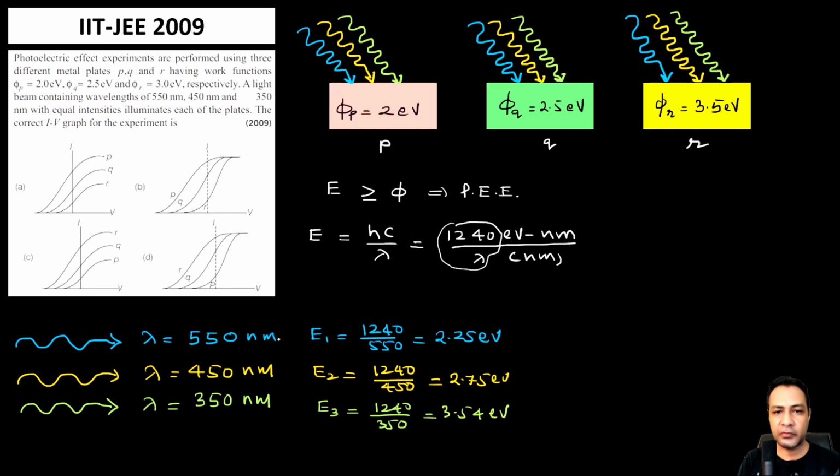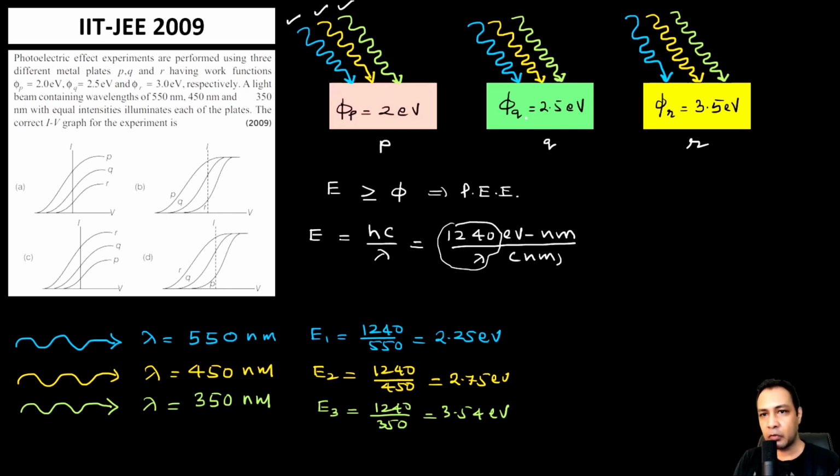So for which of these components will photoelectric effect take place for each of the plates? For the plate P, all the components of the light have a greater energy compared to its work function. So all these three components will be able to cause photoelectric effect.